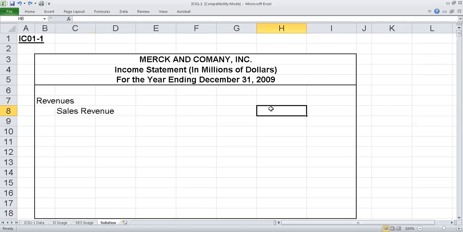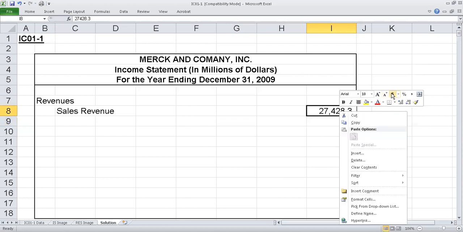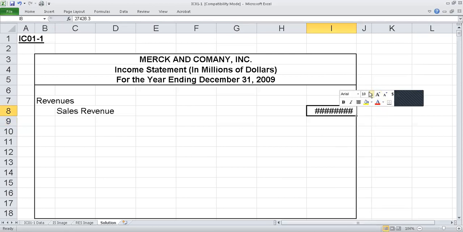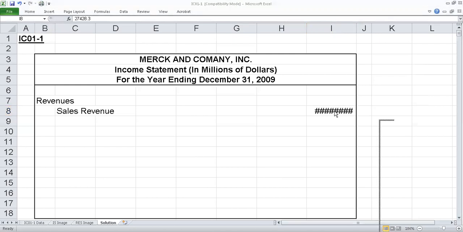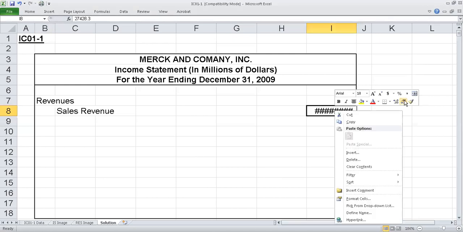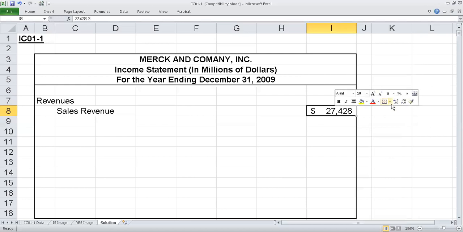But since there's only one, if there were only one revenue account, instead of putting the dollar amount in the leftmost of the two columns, we would put the dollar amount in the rightmost column. It would still get a dollar sign because it's the top number in the column.